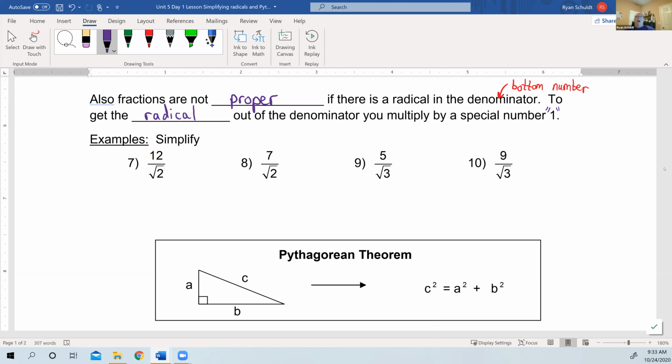Now, our special number 1, to get that, you're multiplying by whatever is in the denominator. So the square root of 2 divided by the square root of 2. That's our special number 1. Just the radical over the radical.